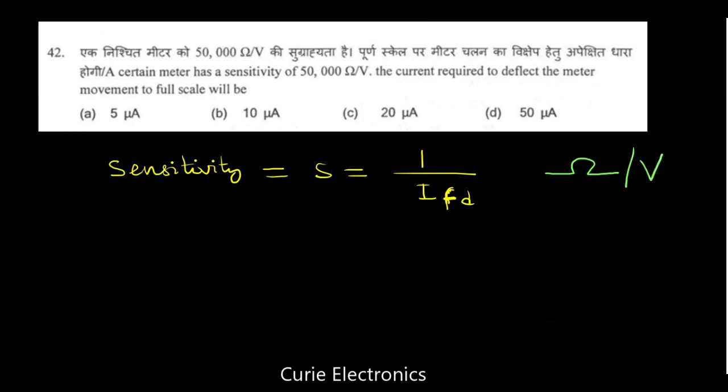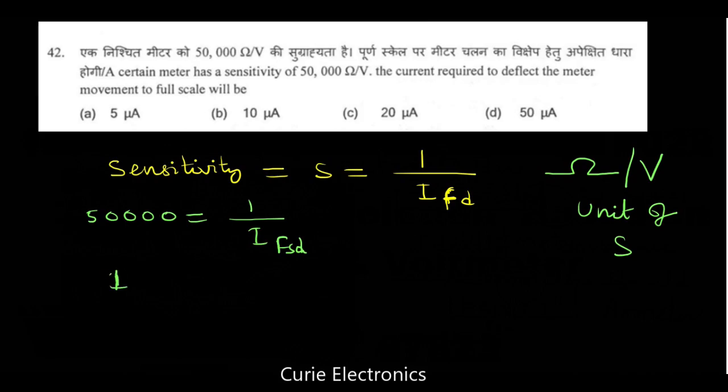The given sensitivity is 50,000, equal to 1 upon full scale deflection current, so the full scale deflection current IFSD is going to be 1 upon 50,000.